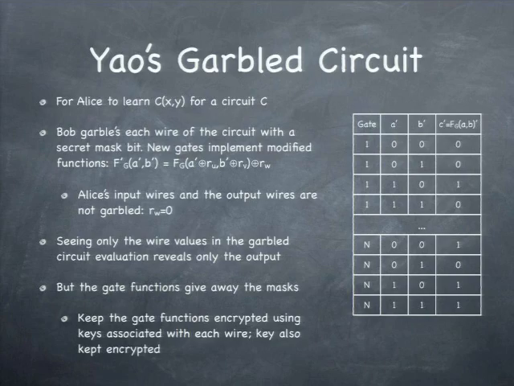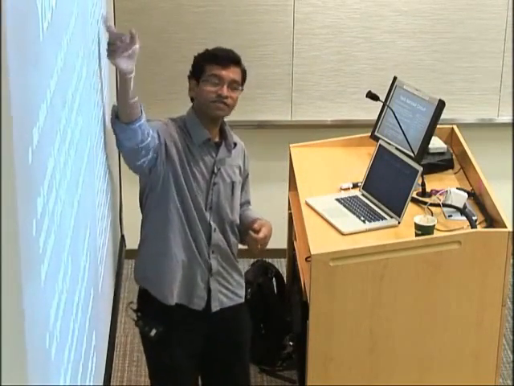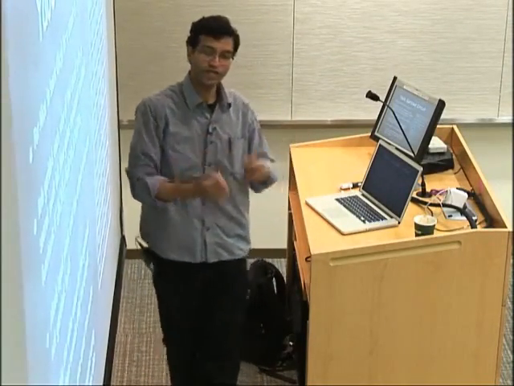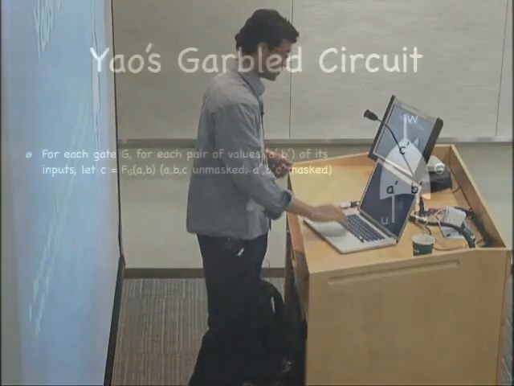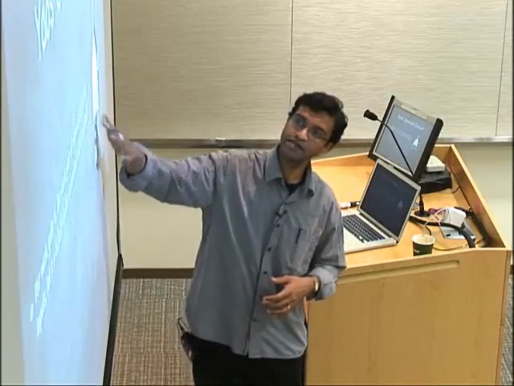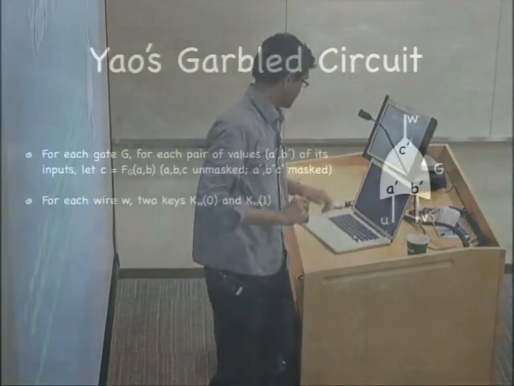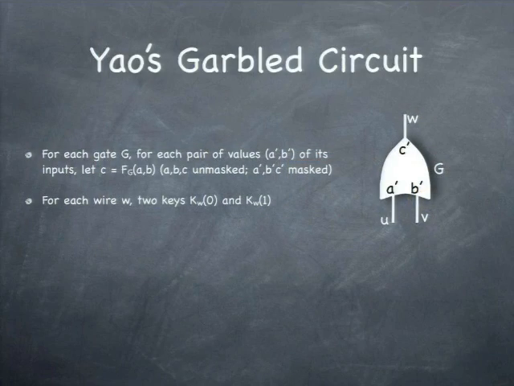Okay, so we need to keep this C prime encrypted, but then where are the keys going to sit? They will be sitting encrypted along with A prime and B prime. So you'll need the keys also. So if you have a gate like this, what you will have is, for each wire, two keys, a 0 key and a 1 key.